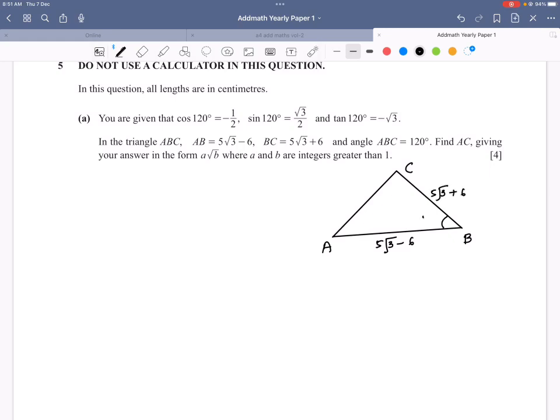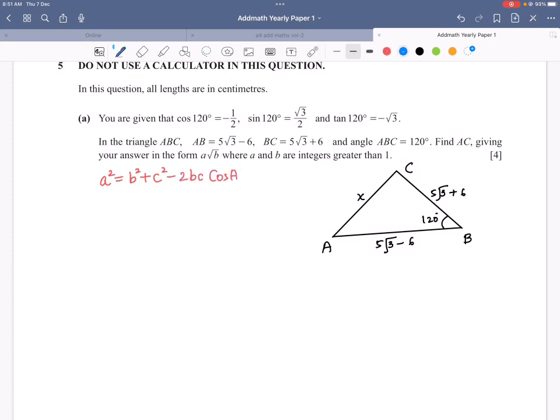Angle ABC is 120. Find AC. So with the help of this triangle, I can easily conclude that I need to apply the law of cosine here. Firstly, the working formula for law of cosine: a square equals b square plus c square minus 2 times bc cos A.